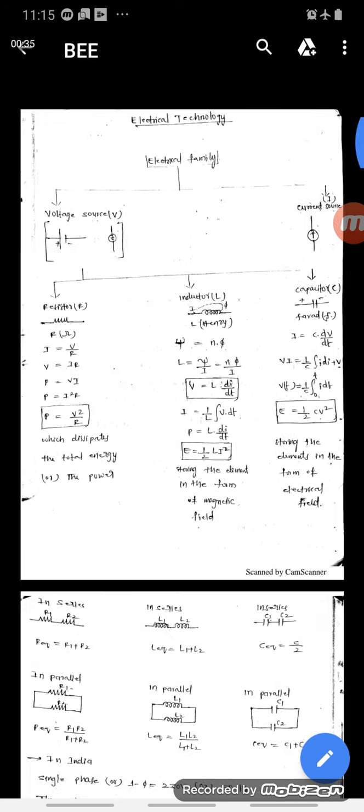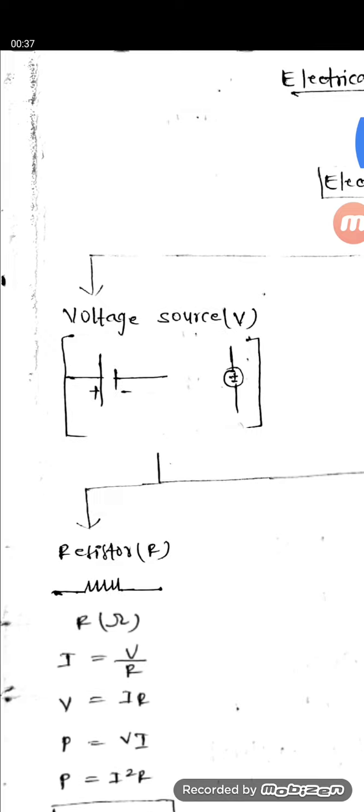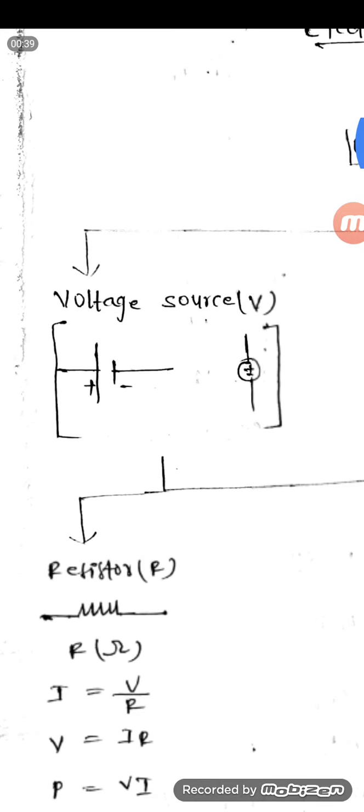Here I represented voltage source with one big horizontal line and a second small line with the horizontal. This is the symbol of voltage source in DC.